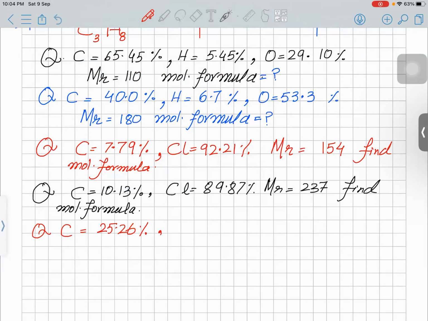Carbon is 26 point, chlorine is 74.74%. MR is 285. Find the molecular formula.